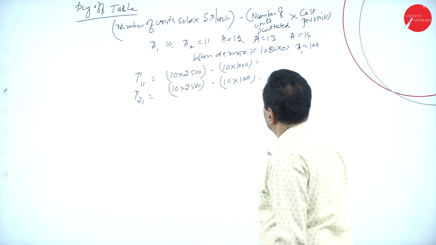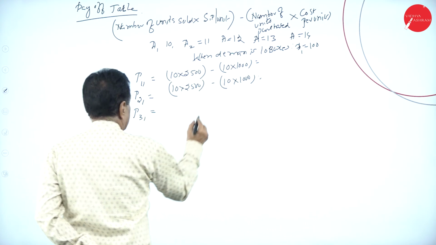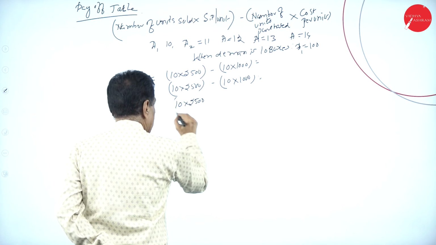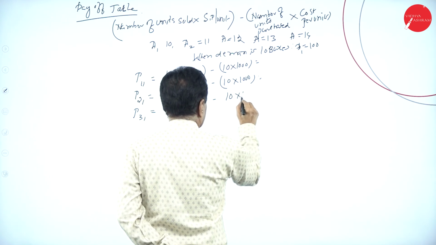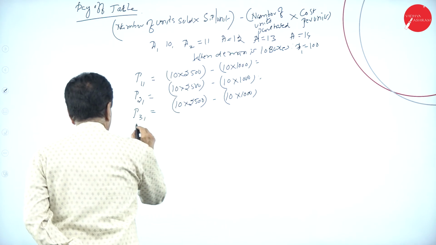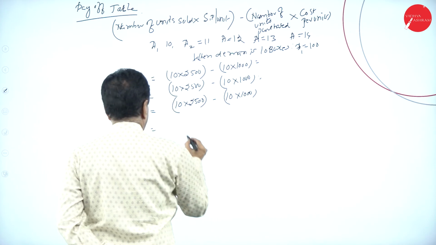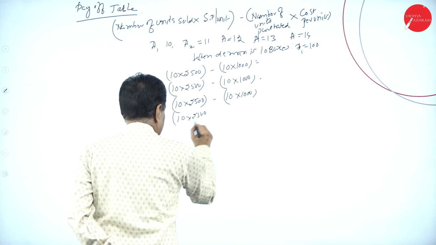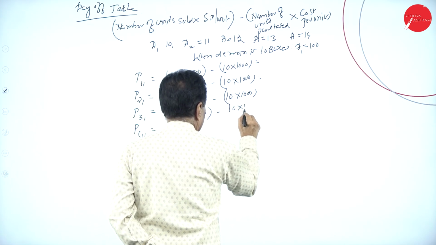Rotation system. P31: 10 into 2,500 minus 10 into 1,000. Then P41: 10 into 2,500 minus 10 into 1,000.